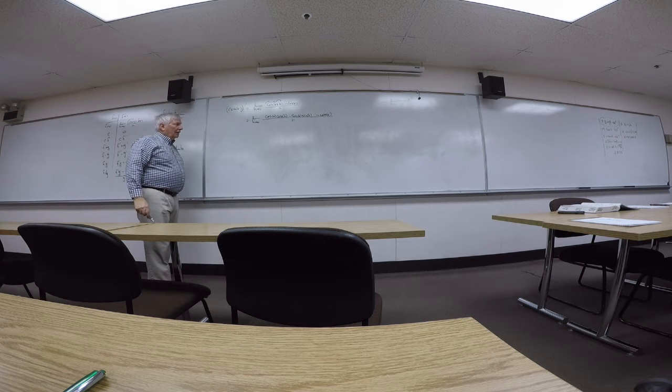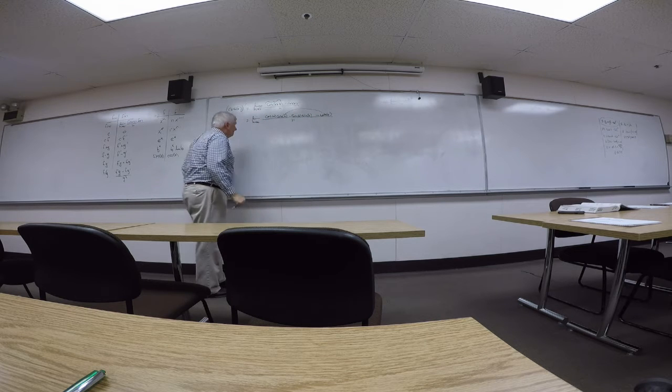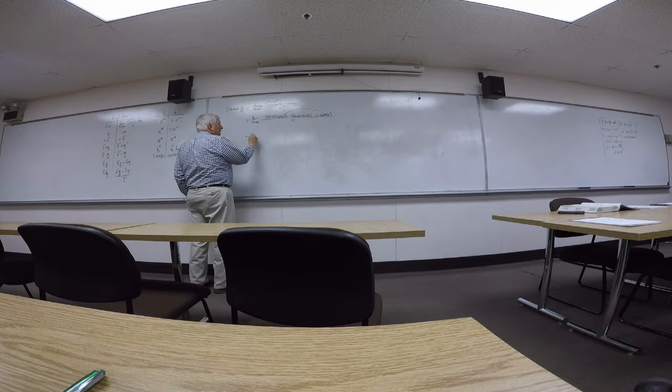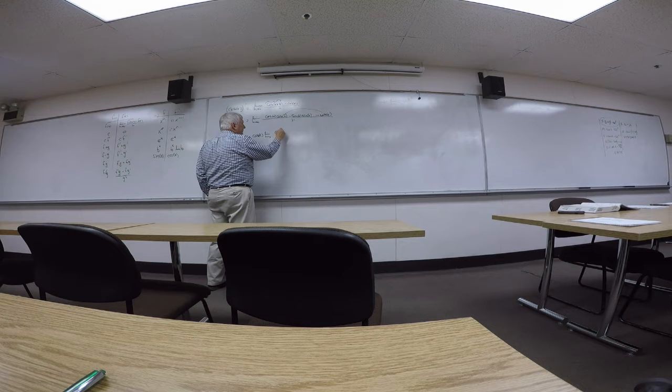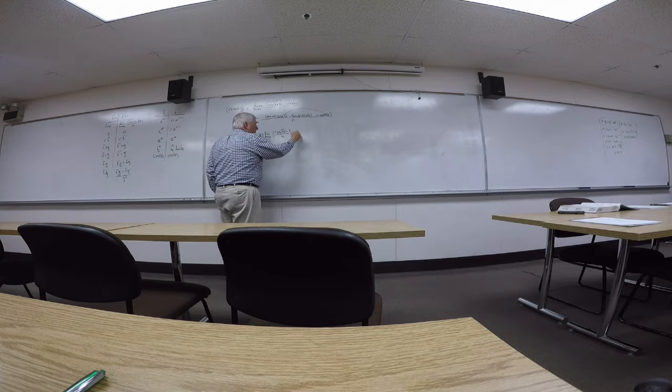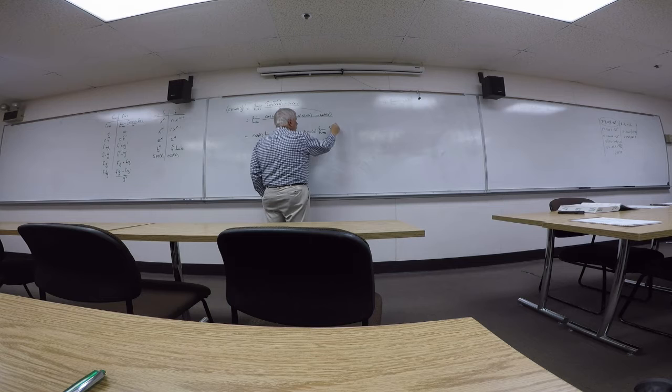And as I did before, I'll group those two terms and write cosine of x times the limit as h approaches 0 of cosine of h minus 1 over h, minus the sine of x times the limit as h approaches 0 of sine of h over h.